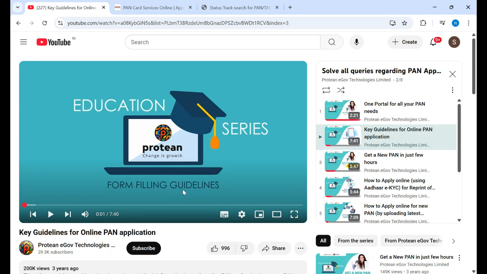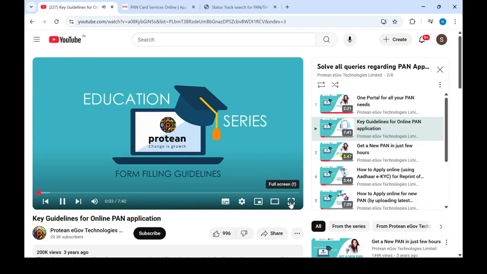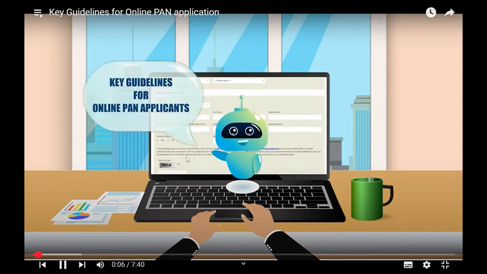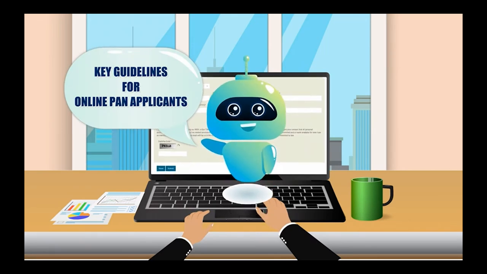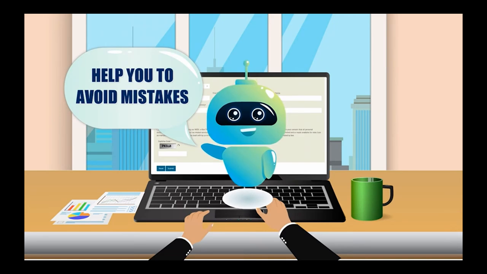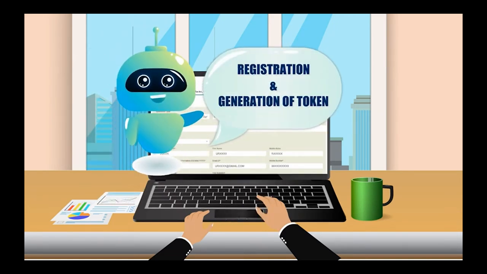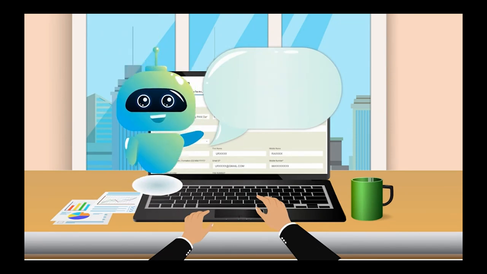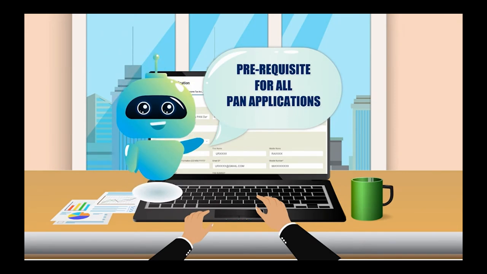So, the guidelines for the online PAN application that you see. We recommend that you watch our video of key guidelines for online PAN applicants. These guidelines will help you avoid mistakes while filling the form. Key guidelines for registration of the user for generation of token number. This step acts as a prerequisite for all types of PAN applications.